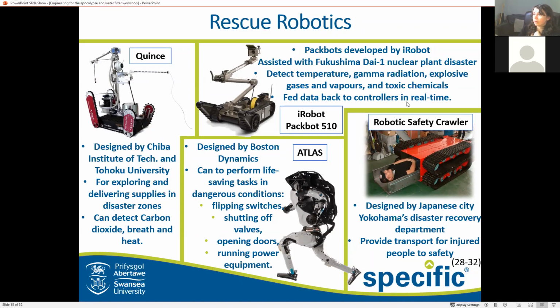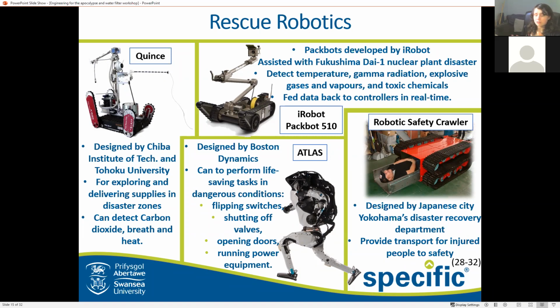Another one which I found particularly cool was this robotic safety crawler design, which was designed by the Japanese city Yokohama's disaster recovery department. The idea of this robot's actually really cool, as it provides transport in a variety of terrains for those who are injured. It's a little bit awkward to look at because it's pretty much a casket on wheels, but it's for living people.